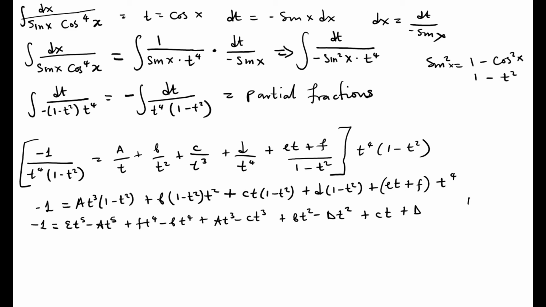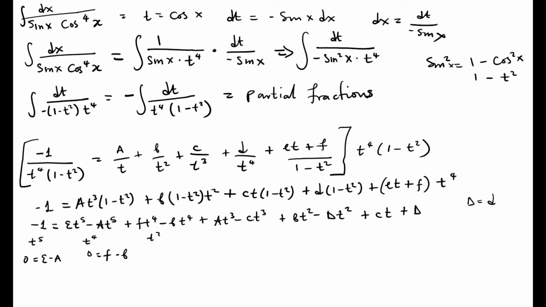By the way, this d is just the same as the d which I wrote here. So here we can say when t to the power 5, this one was 0 is equal to e minus a. When t to the power 4, 0 is equal to f minus b.